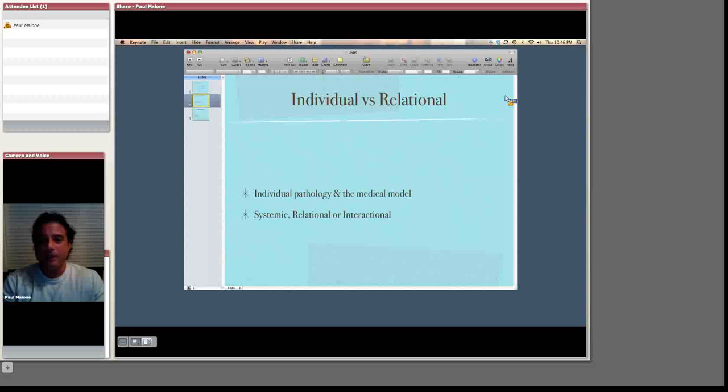So I think it's important to be mindful that even though we're in a field called family therapy that has been built on systems theory, there's a great deal of contradiction in our field because there are still a lot of individually minded therapists that see family therapy more as just a different modality rather than a completely different way of understanding problem formation and problem resolution.